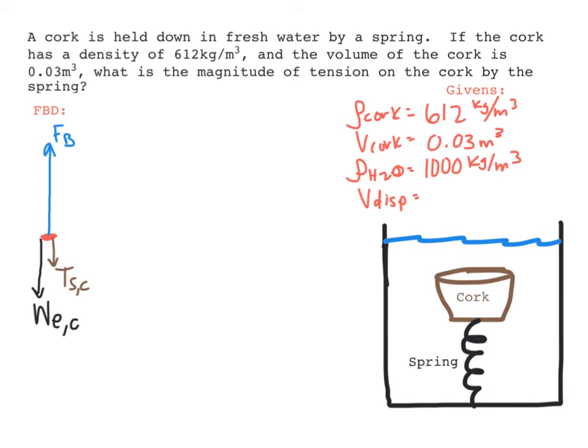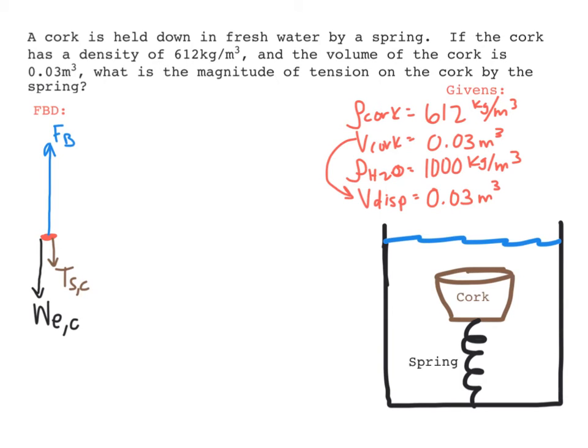Some of you may have thought about this, but the whole thing is underwater. So the volume displaced is equal to the volume of the cork because the whole thing is submerged. So volume displaced is also 0.03 meters cubed. So from now on, anytime the object is fully submerged, we know that the volume of the object and the volume that's displaced is the same.